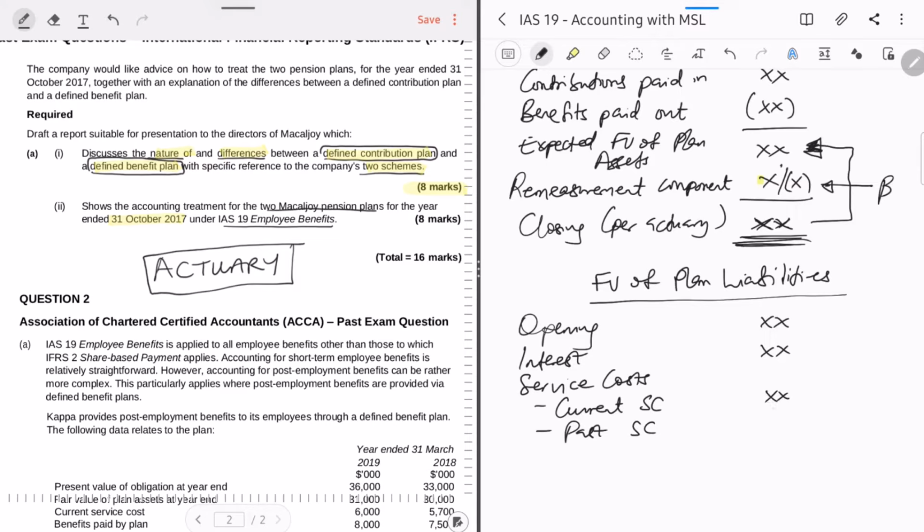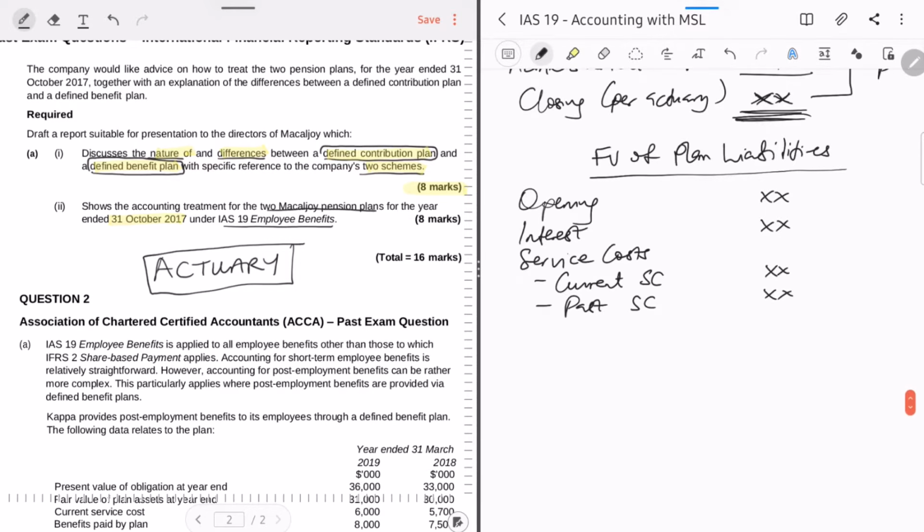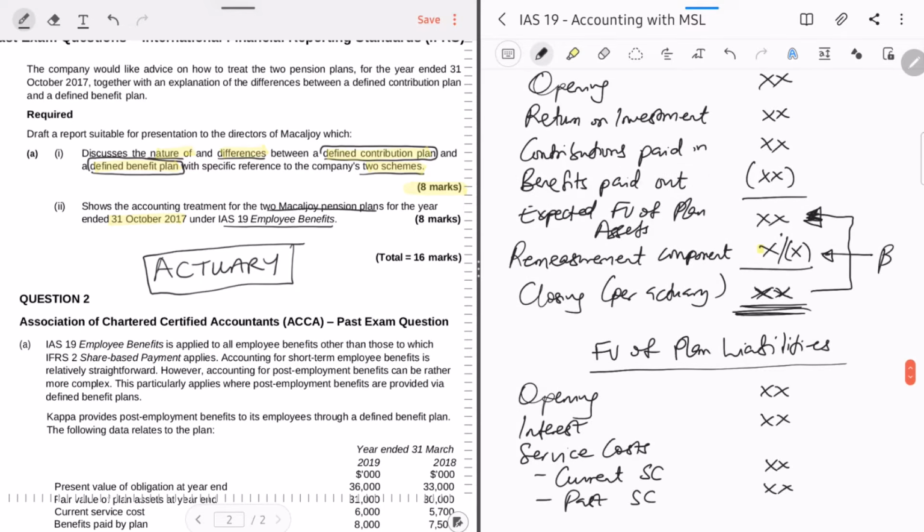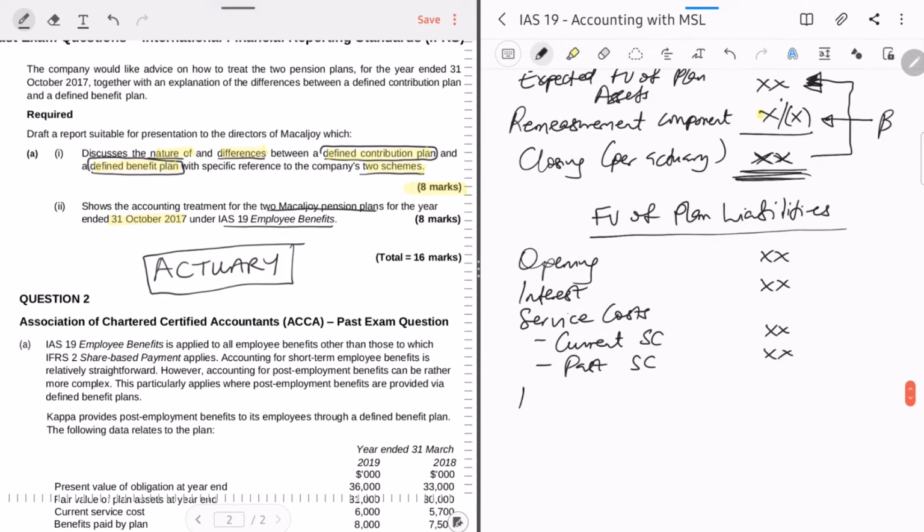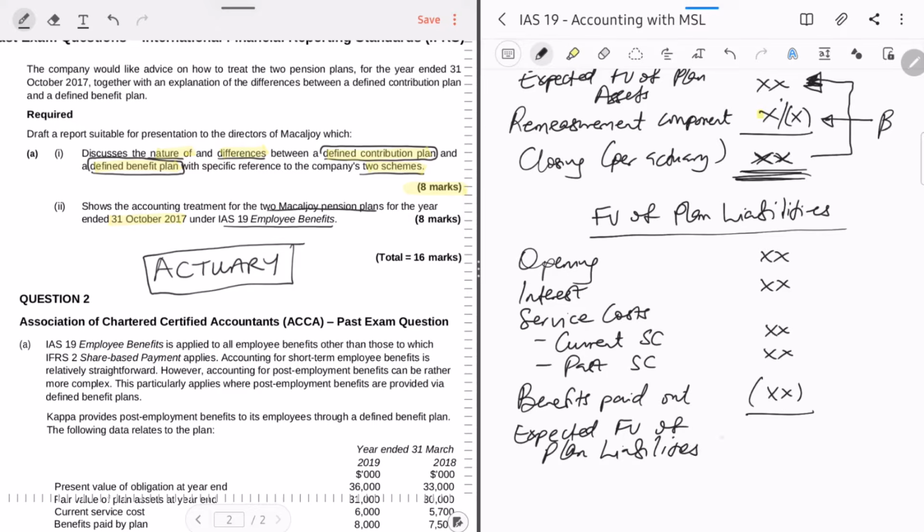Then once again, benefits paid out, you deduct benefits paid out. Then this will give you the expected fair value of plan liabilities.